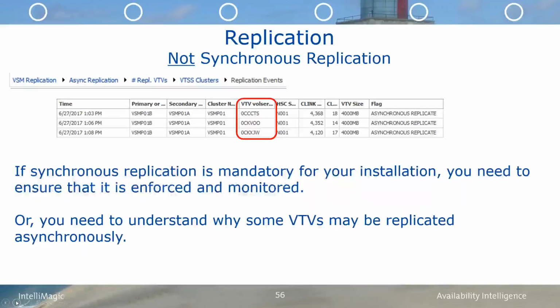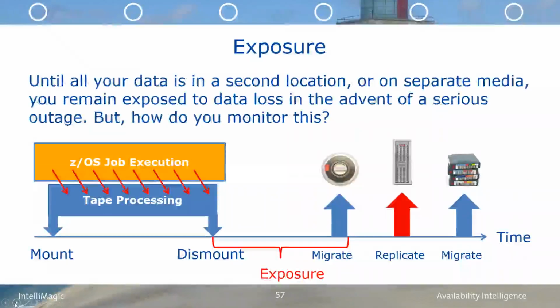Now, if synchronous replication... I think I already covered this one. So, exposure. Until all your data is in a second location or on separate media, you remain exposed to data loss in the event of a serious outage.